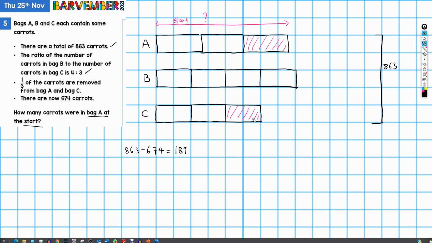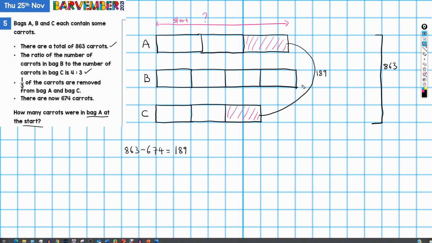So I know that when I do this, these two blocks together are 189. I don't know the size of this block compared to these blocks here. It could be bigger, smaller, I have no idea. But I do know that the two together equal 189.